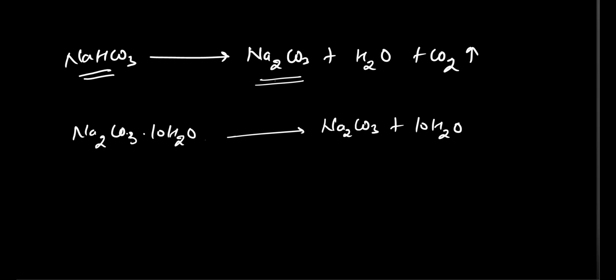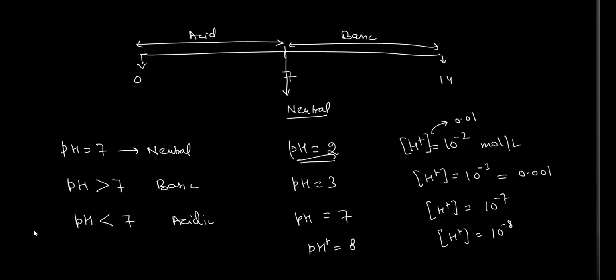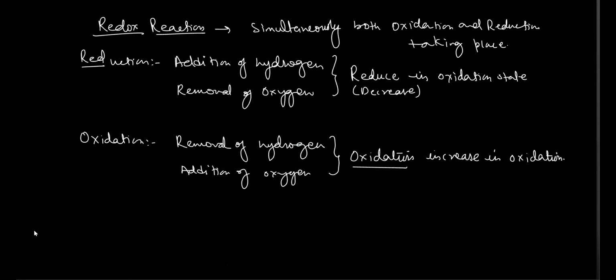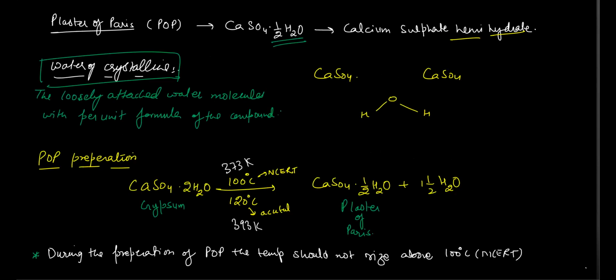Now moving to the next type of question that is being asked on this one. The uses of washing soda: washing soda is used in many cases, for manufacturing of glass. It is used for removing the permanent hardness of water.